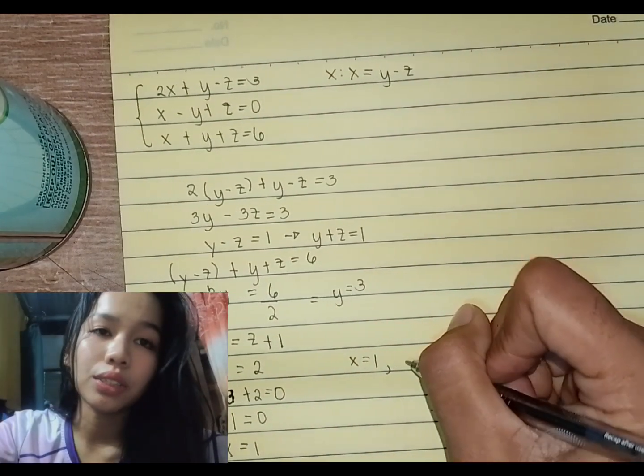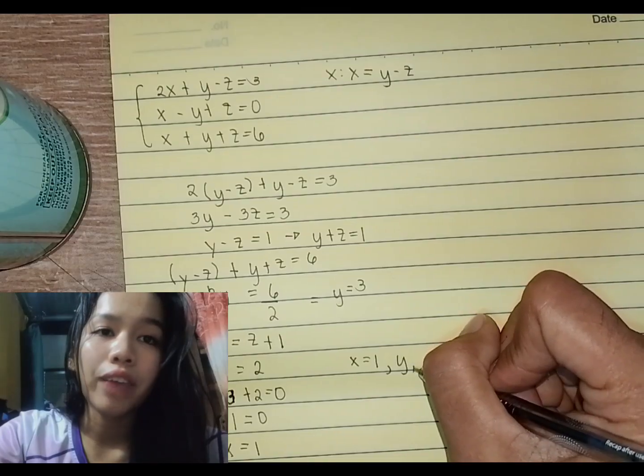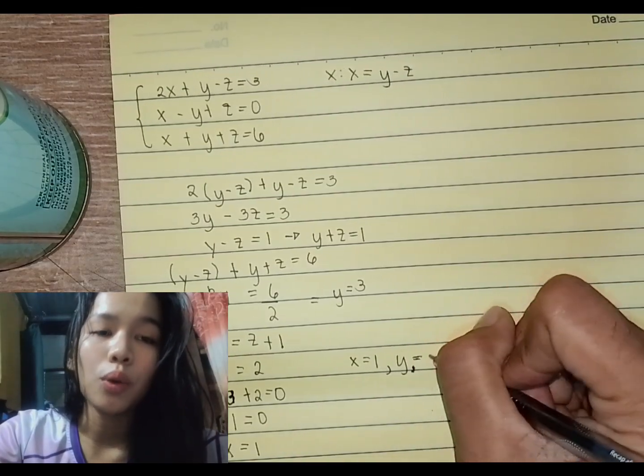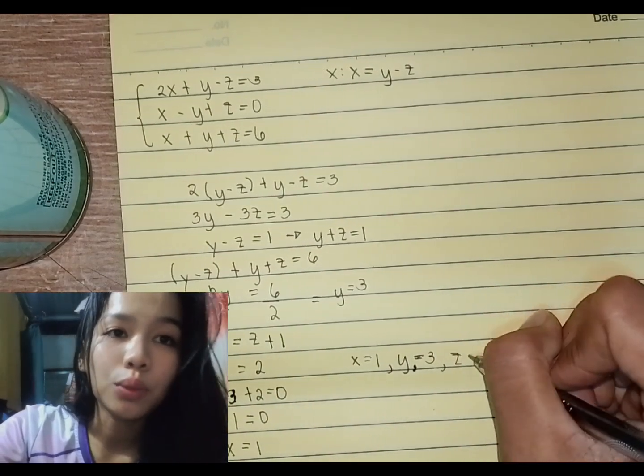And for the final solution, we get that the values of x, y, z are 1, 3, and 2.